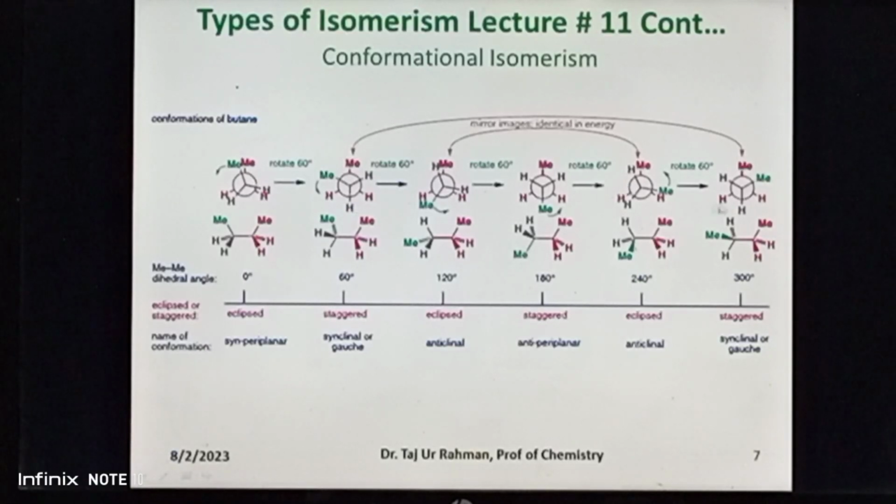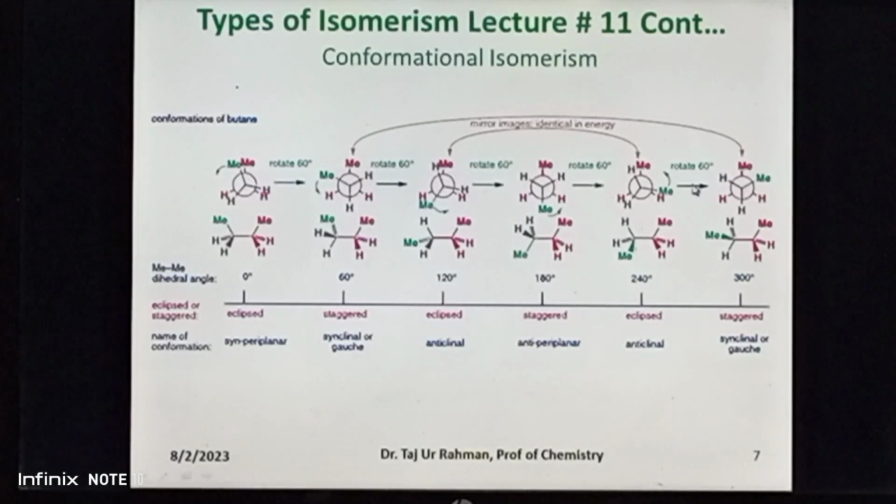While these two staggered conformers of butane, that is this one with dihedral angle of 60 degree and this one with dihedral angle of 300 degree, are again mirror images of each other. They are also enantiomeric and hence equi-energetic.